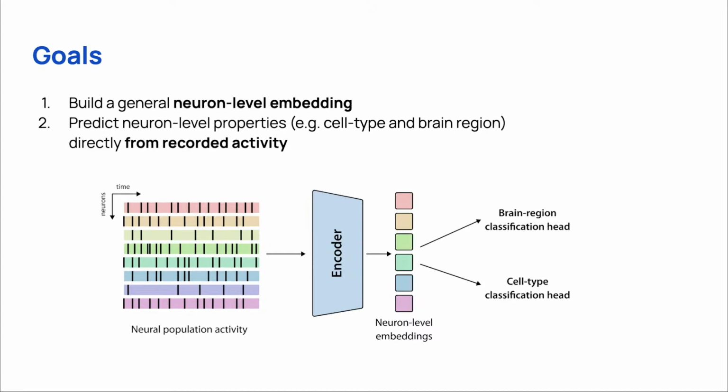The other is whether we can identify what brain region the neuron came from. To do that, as I've already described, we'll take neural population activity and pass it through some sort of encoder, which gives us a channel-level representation of all of the neurons that are passed through. From that, I can read out the brain region or cell type.